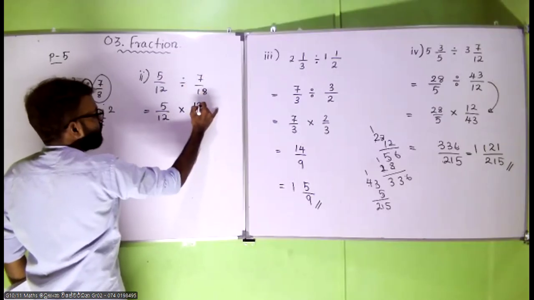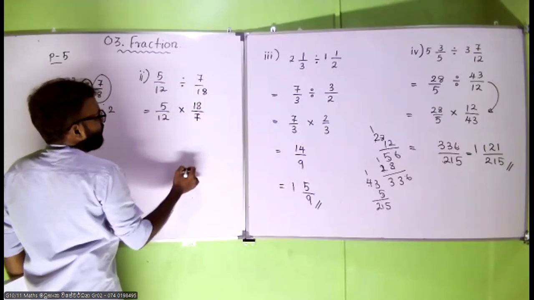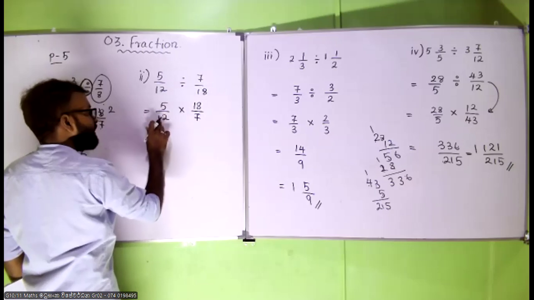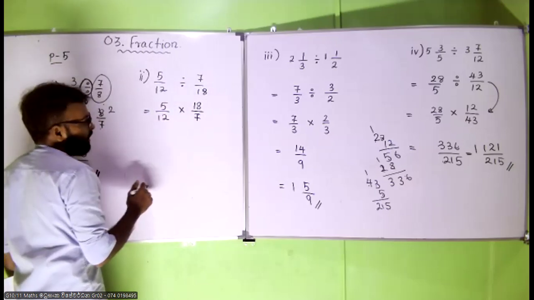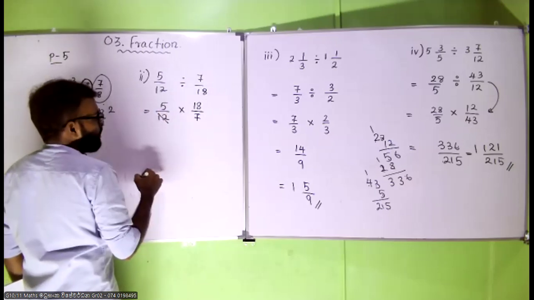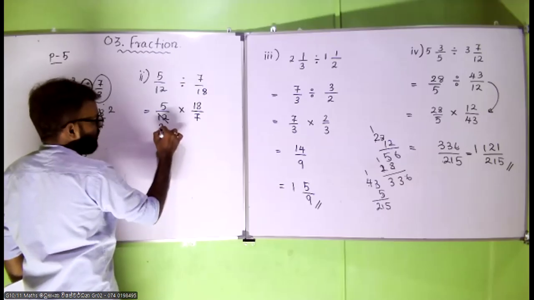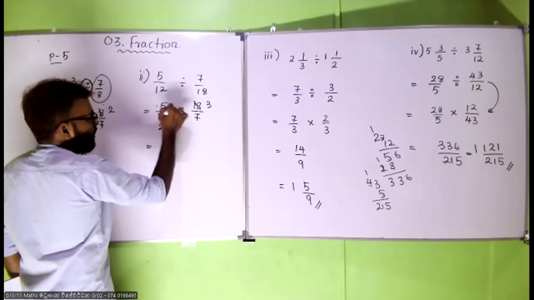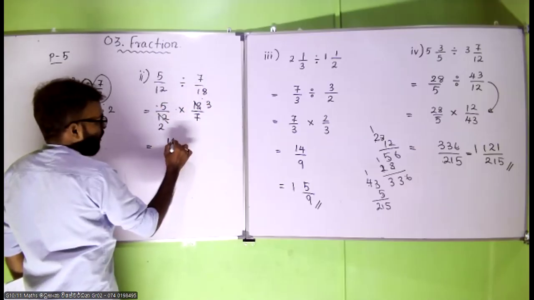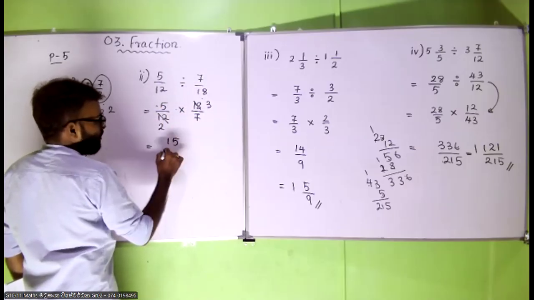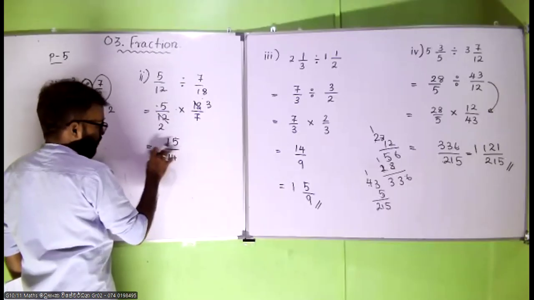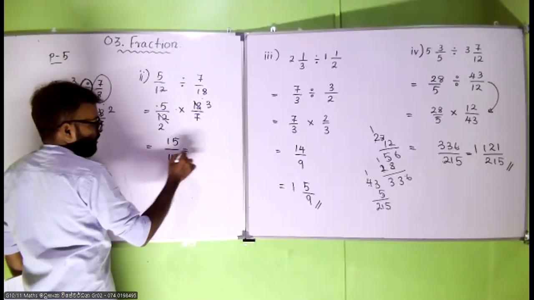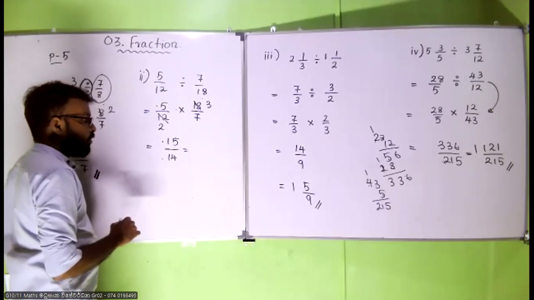Change upside down. Reciprocal. 12 and 18 can be simplified furthermore. 6 times 2, 6 times 3. 5 times 3, 15. 2 times 7, 14. Right? 15 upon 40.